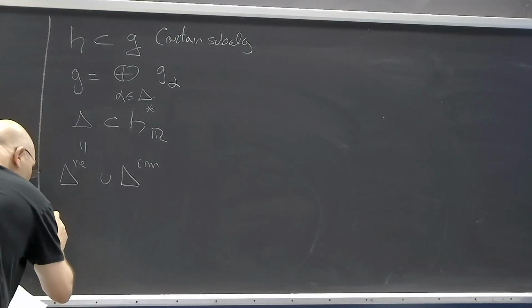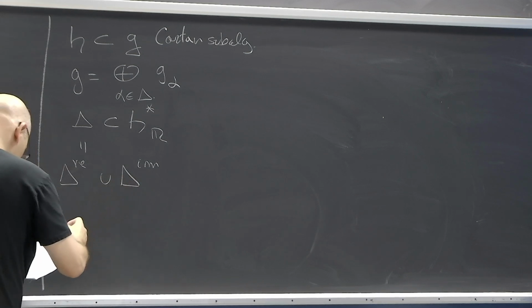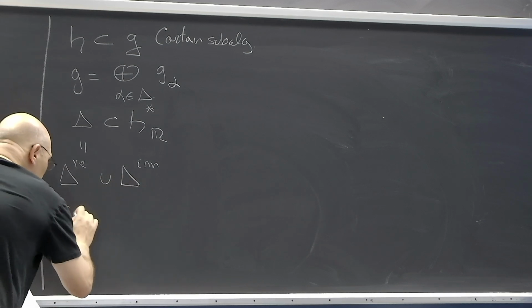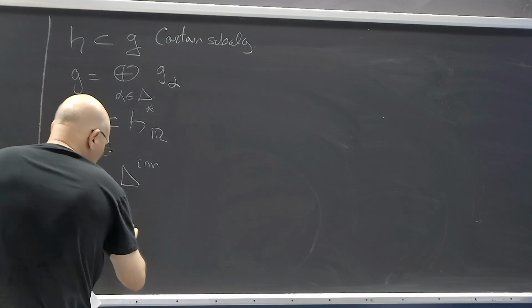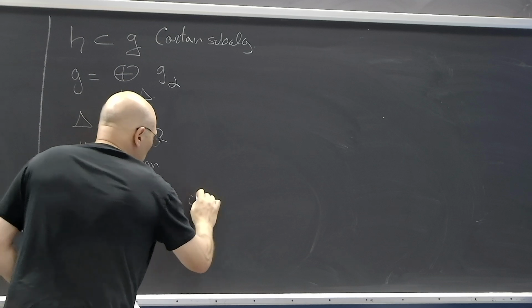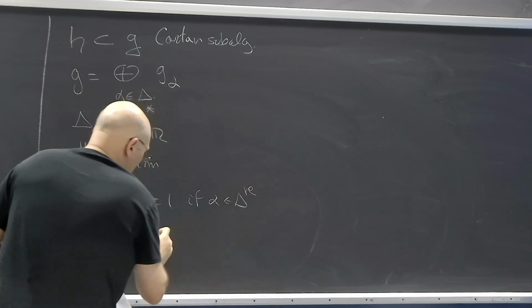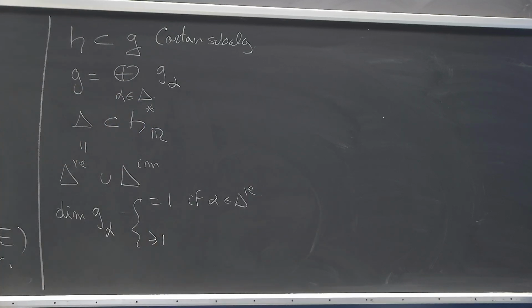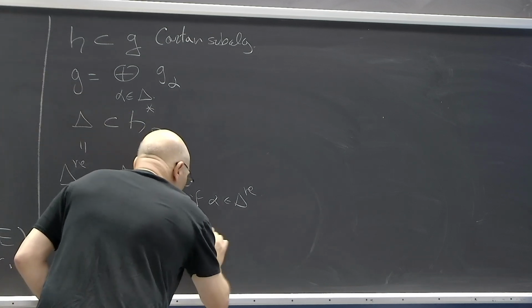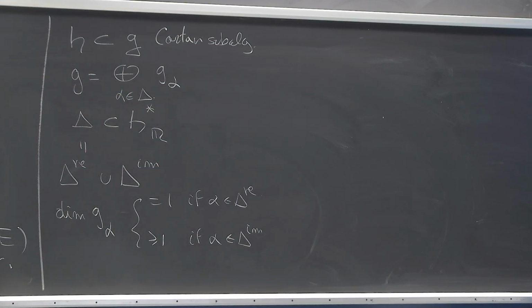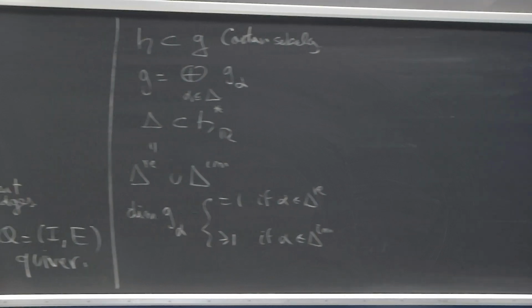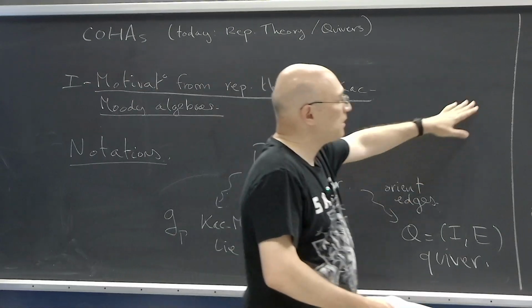Well, there are several ways, but one of the main ways to see the difference is that the dimension of G alpha is equal to 1 if alpha is real, and most of the time it's strictly bigger than 1, but in principle it could also be equal to 1 if alpha is imaginary.